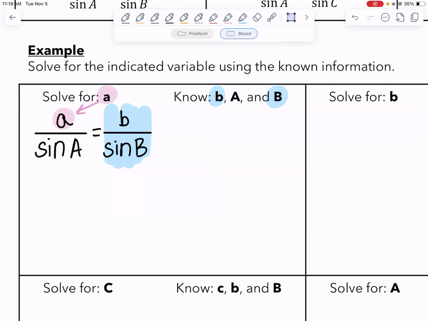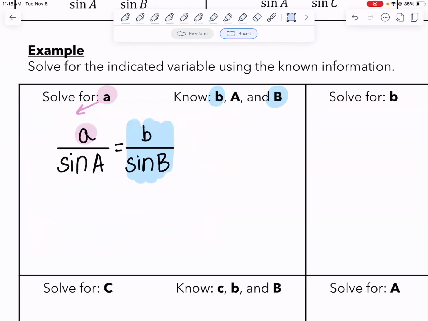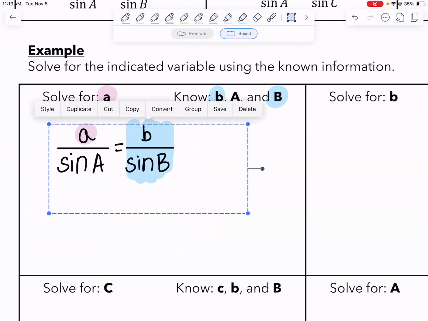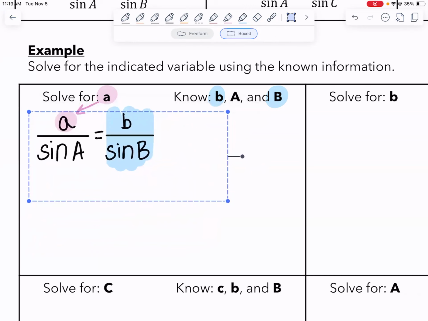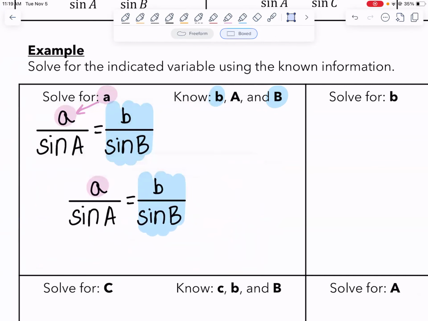In order to solve for angle A, not angle A, side length A, I'm going to put you here, duplicate you, move this over, delete a few things. Oh, I love technology. In order to solve for A, I'm going to multiply both sides by sine.